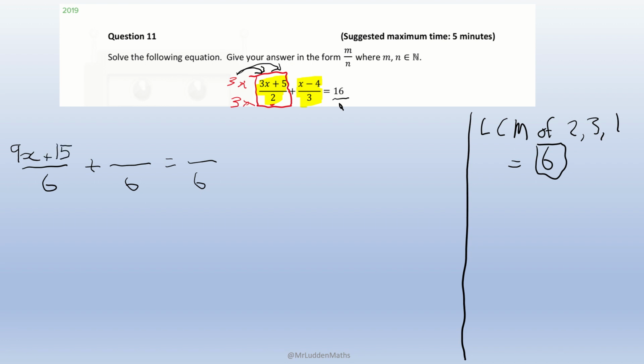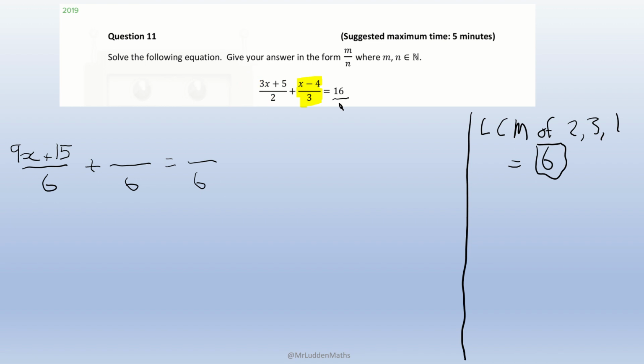So you've rewritten your first fraction as an equivalent fraction with 6 as a denominator. I'm going to get rid of all of that because we're going to do the same to the other side. I don't want that clogging it up.